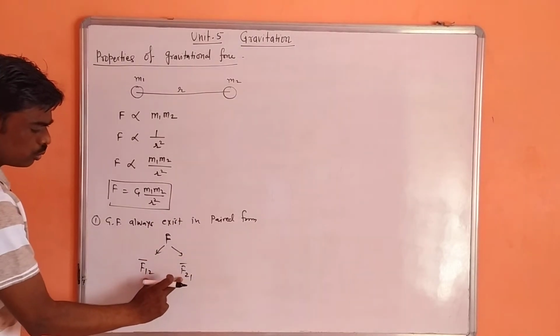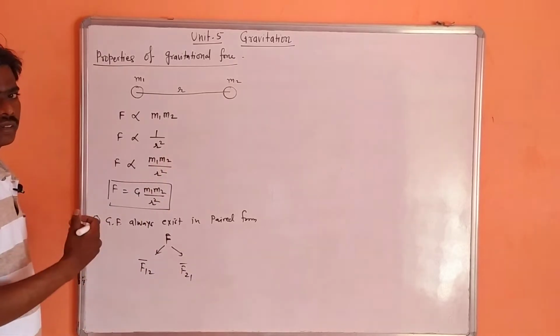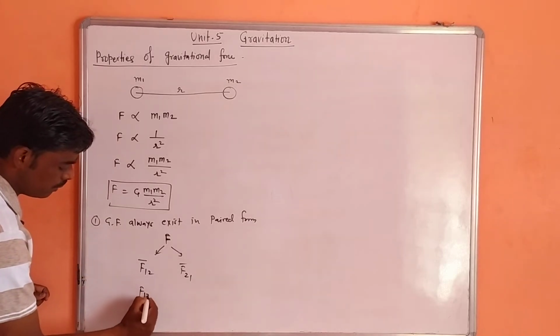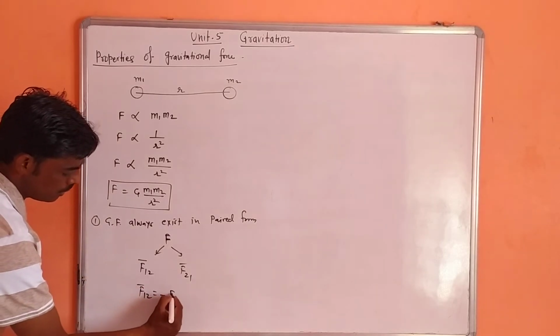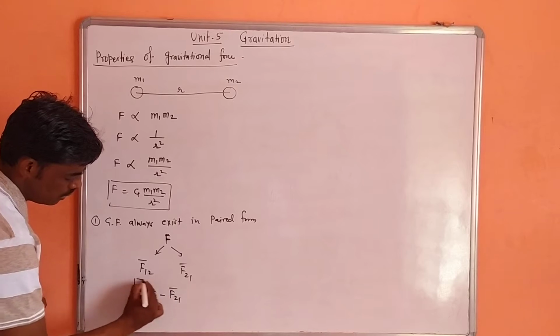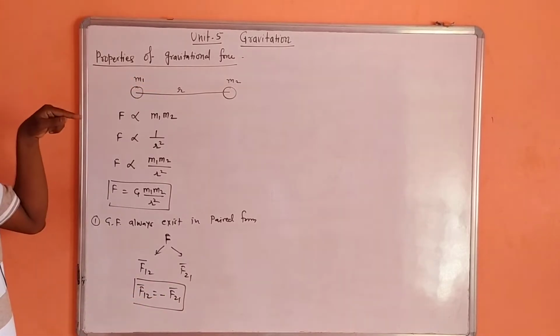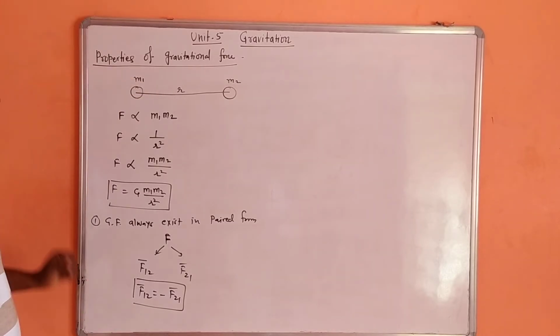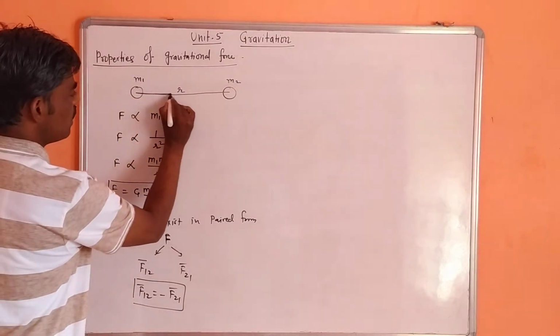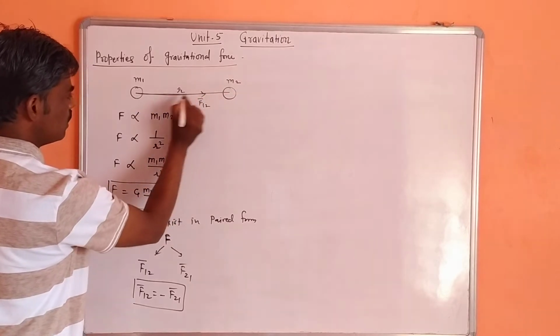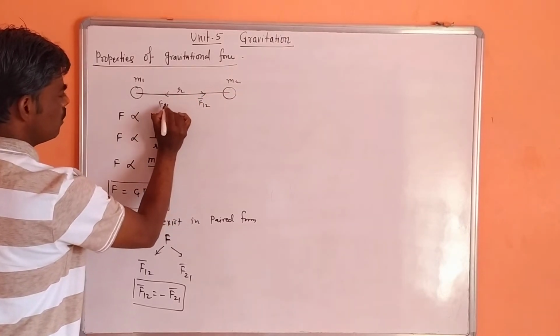Remember, these two forces, action and reaction forces, are oppositely directed but have equal magnitude. So, I can write vector F12 is equal to minus vector F21. The negative sign indicates that the directions of these forces are opposite. The first force is acting in this direction, vector F12, the second force is acting in this direction, vector F21.